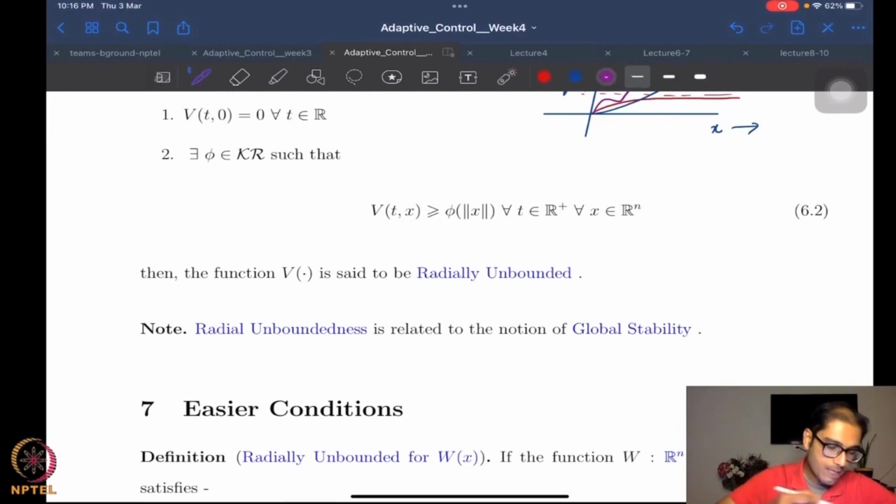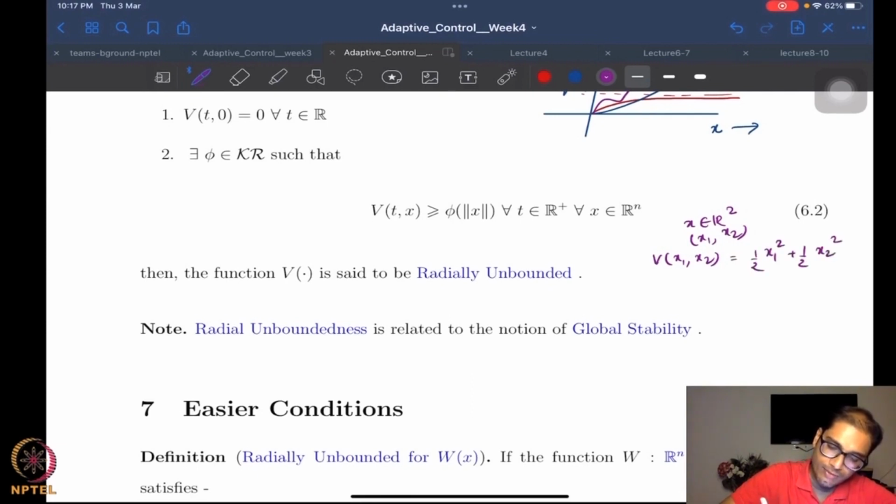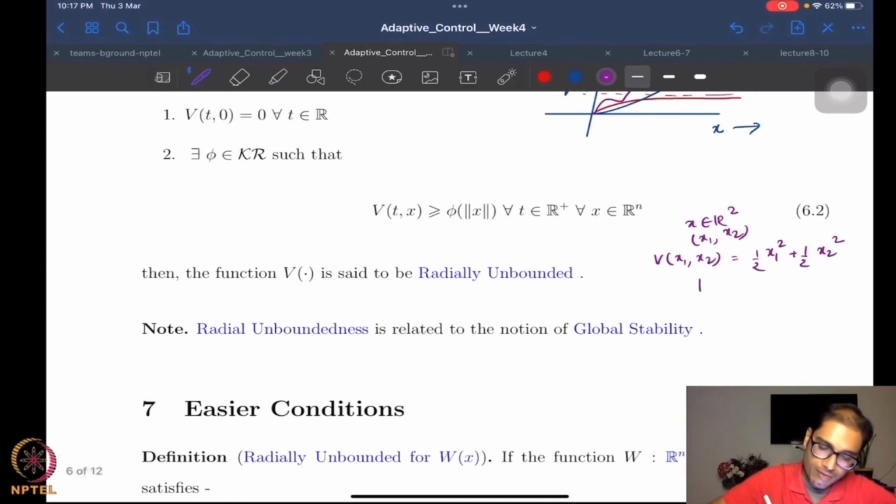Okay, what would be examples? Very simple examples. Say I have x in R2, denoted as x1 comma x2. So V(x1, x2) equals (x1 squared plus x2 squared) by 2 is in fact a radially unbounded function.